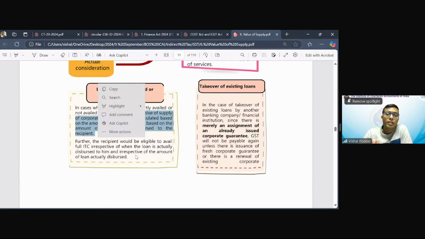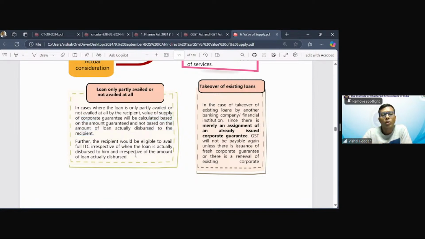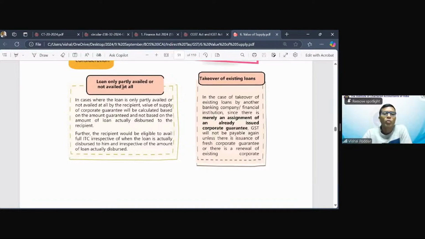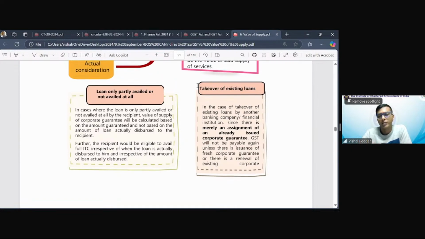We will not see how much the company is actually withdrawing or using. We will go by the whole loan amount. Further, the recipient will be eligible to avail full ITC irrespective of when the loan is actually disbursed to him and irrespective of the amount of loan actually disbursed. Fine. So where the loan is partly availed or not availed at all, still you will take 1%. This is what they have clarified.